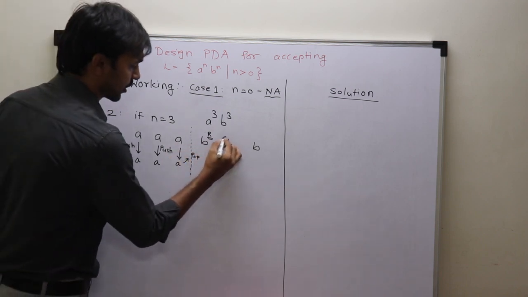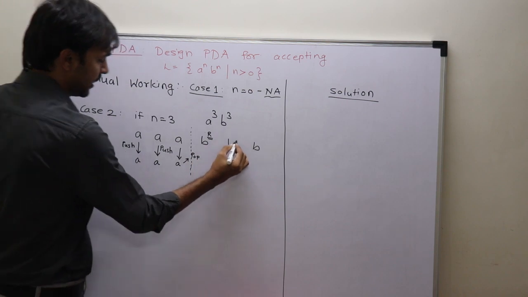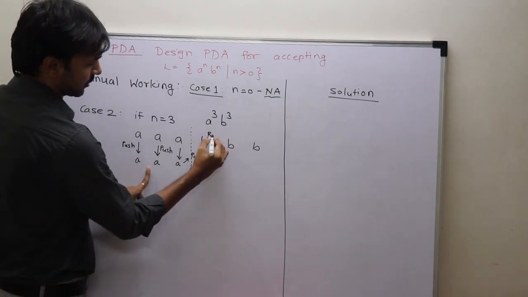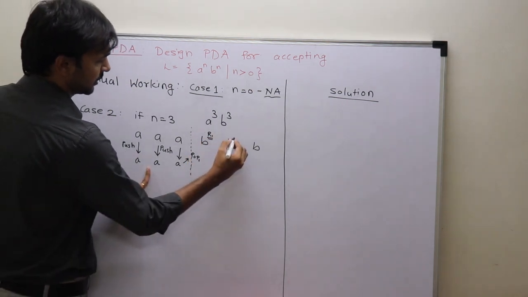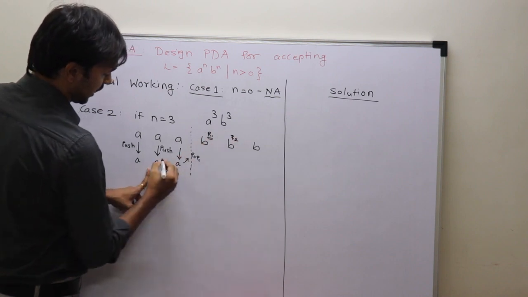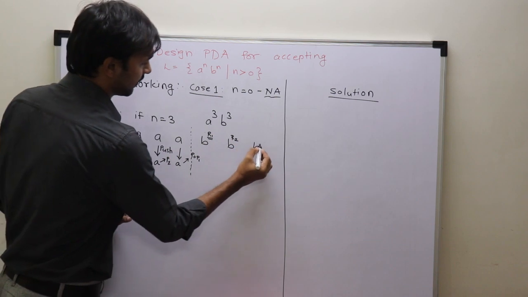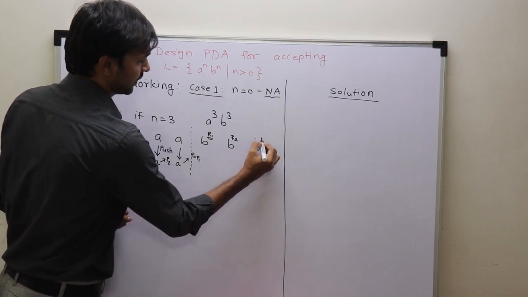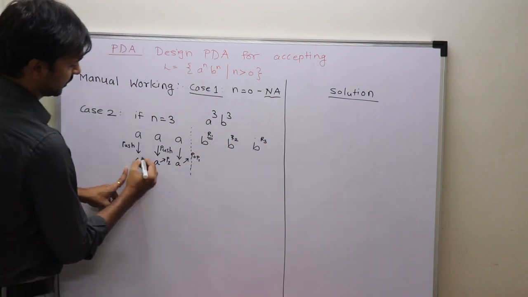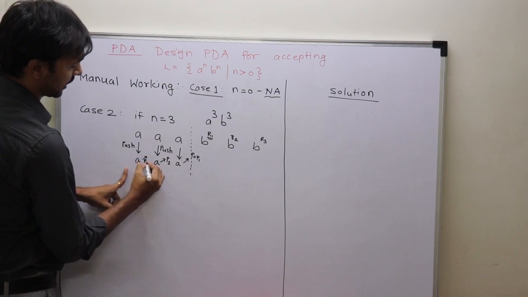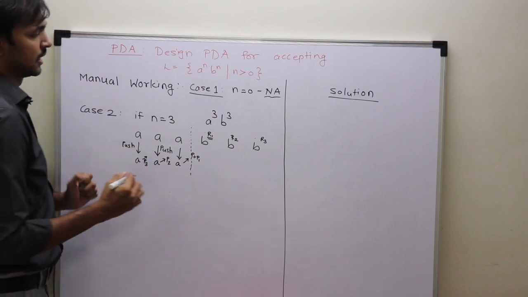Now this B is also read. The moment this B is read, this A is popped out of the stack. So I can write read 1, pop 1 here, read 2 and pop 2 here. The moment the third B is read, I can write R3, an A is popped out of the stack. So I can write P3.